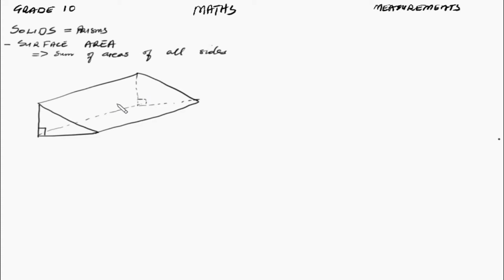you would actually need to think of the net, because the net of this prism is going to clearly show you the surfaces you are dealing with. So after having identified the surfaces, you can find the areas of those surfaces and add them together.